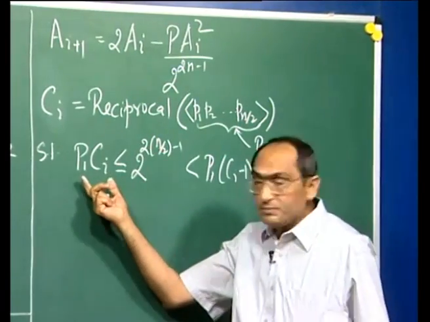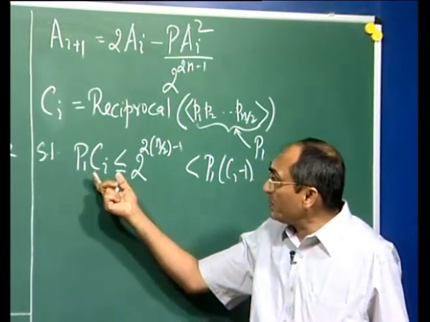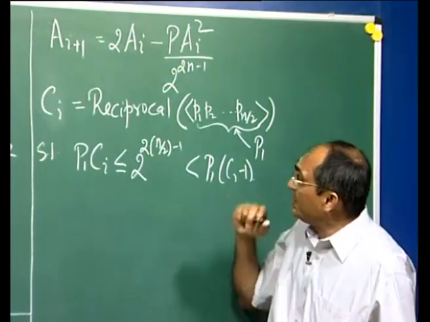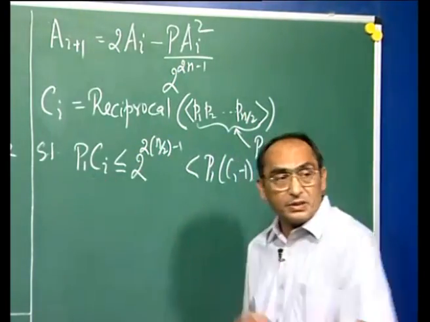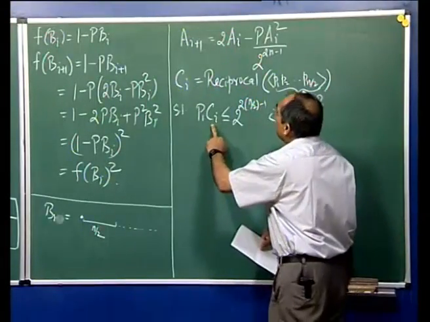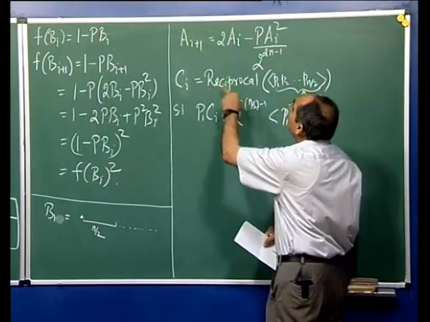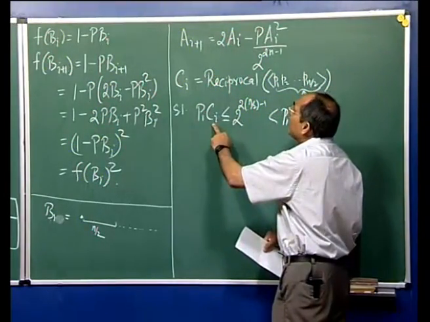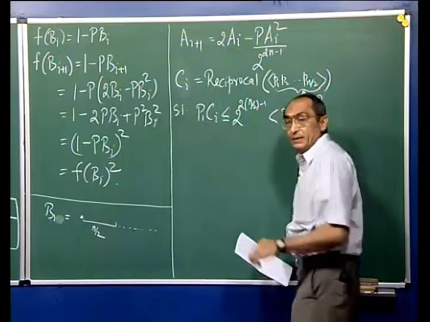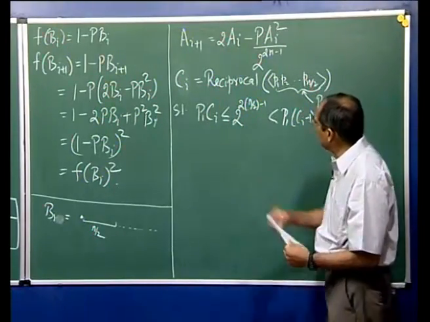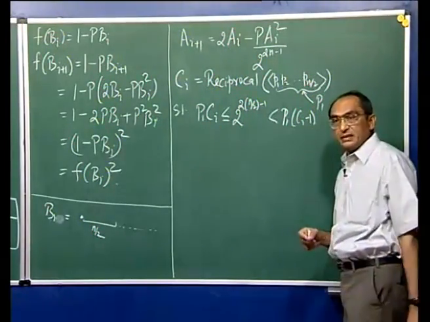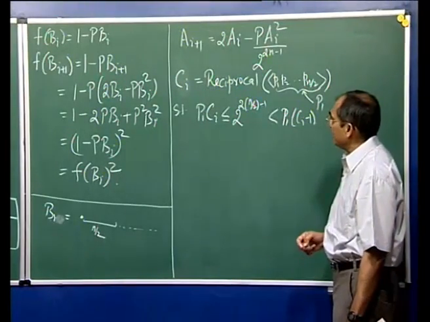This is the same kind of reciprocation where we are only dealing with n by 2 bit numbers, and the outcome of this call is an n by 2 bit number c I, such that this is the condition it satisfies.